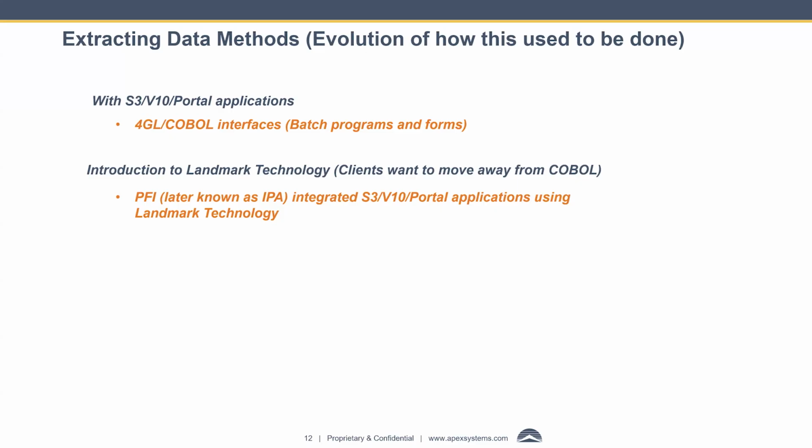And at that point in time, clients did want to move away from COBOL applications and writing things in COBOL. So PFI, which later became IPA, became much more relevant in terms of integrating your two applications or third party applications together.